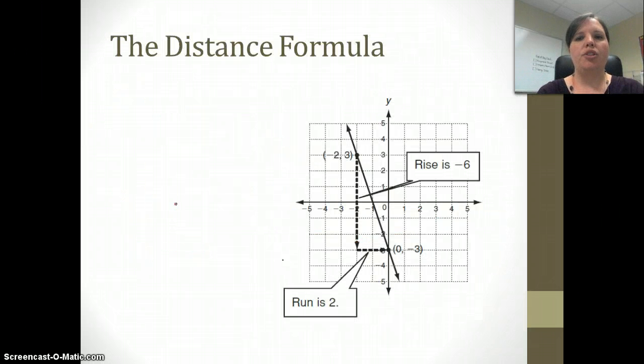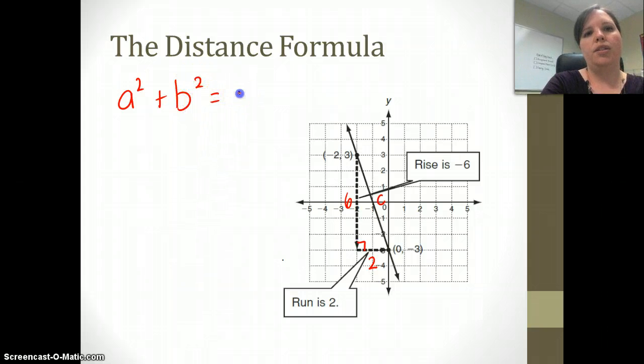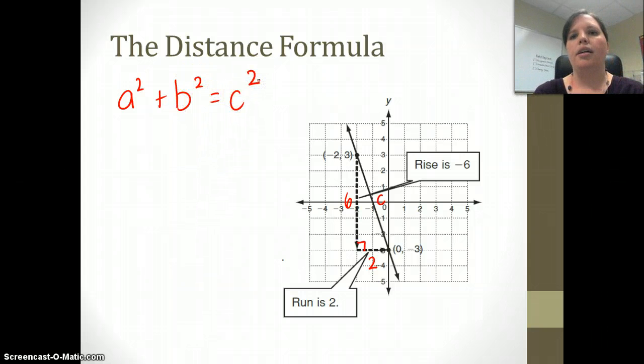So when it comes to the distance formula, and here's just another example, the rise is -6, so it's like this triangle is 6 on this side, the run is 2, it's like the triangle's 2 on this side. Again, we could think of Pythagorean theorem here. We could think a squared plus b squared equals c squared. The distance formula relies on this relationship, but does it in a disguised manner.